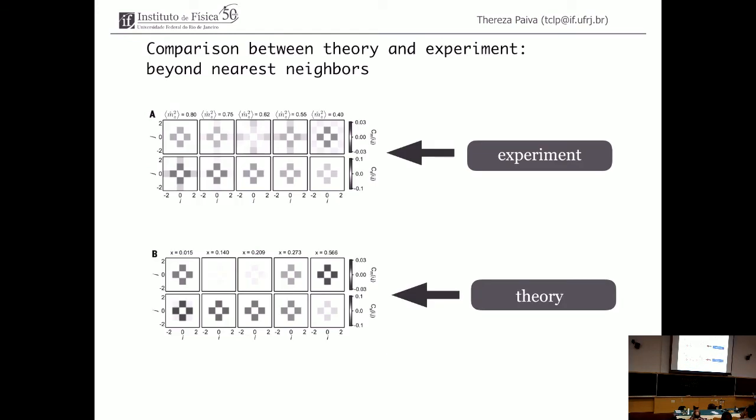And here we have a comparison between experiments and theory, probing longer range correlations. So in the top layer here, we have the local moment correlations, and here the spin-spin correlation. The fact that it becomes red and blue shows that it is here antiferromagnetic.